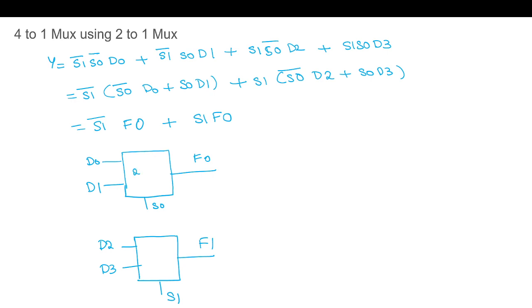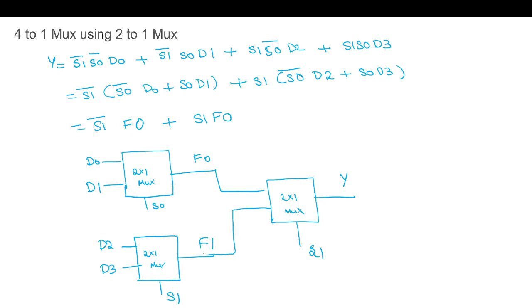So this is a 2 to 1 mux, this is another 2 to 1 mux, and we have a third 2 to 1 mux which will generate the final output. The select line is S1, and the inputs are F0 and F1. In this way, we can design a higher order multiplexer using lower order multiplexers.